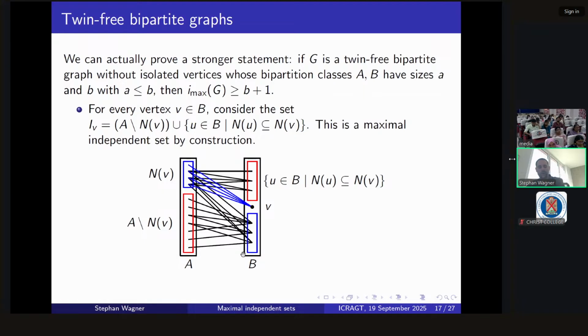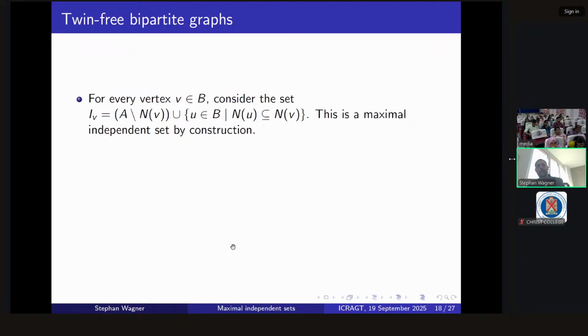If I were to include something in this bit, there would be a problem with vertices over here, because the vertices in this part, they have adjacencies over here and would create a contradiction. And likewise, anything here is a neighbor of V, so V is included in my set, so I can't have them in there as well. So this is a maximally independent set by construction, meaning that for every vertex here in B, I have at least one maximal independent set.